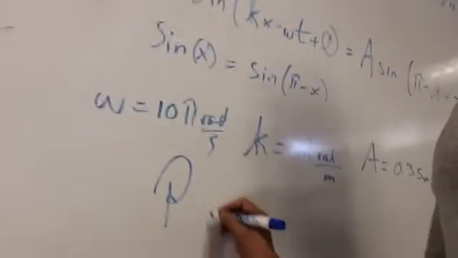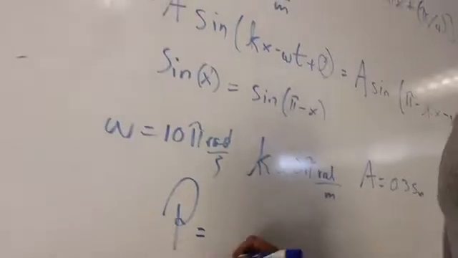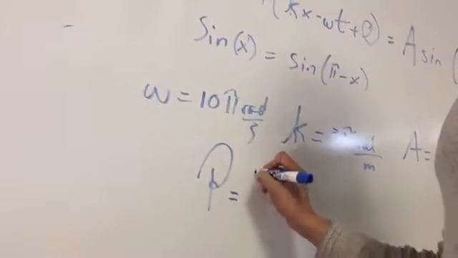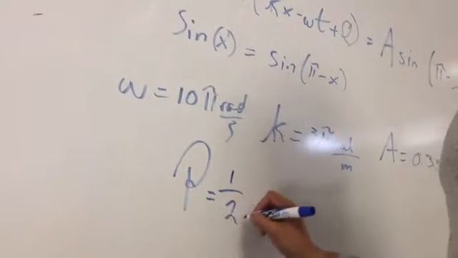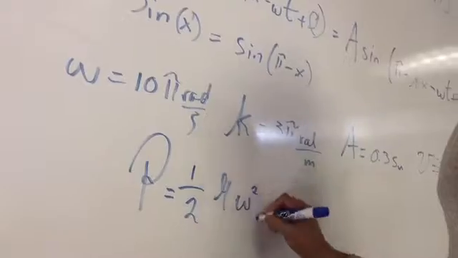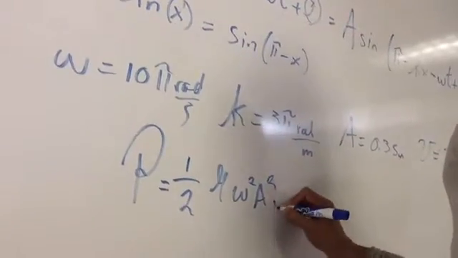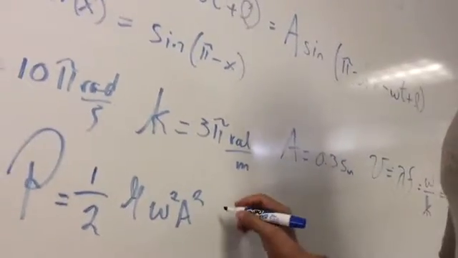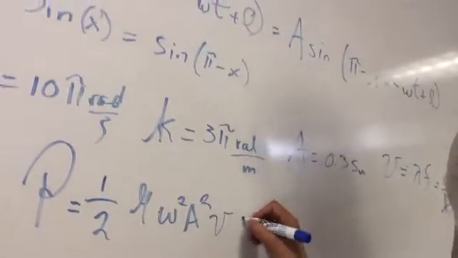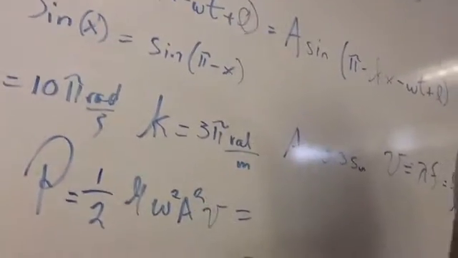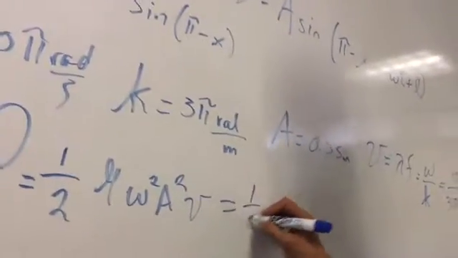For the power of a string wave, we have to use this equation. Well, no, this is the velocity, sorry. Now, using this equation, we know all the details, so we only need to substitute.